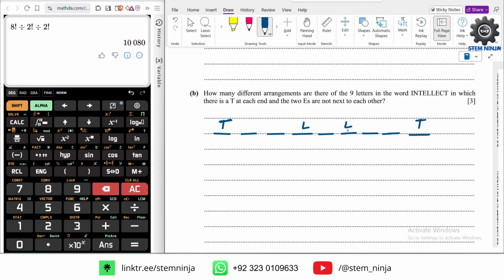So you can first find out how many options there can be minus where the 2 E's are together. So if we do that way, actually there's more than one way of handling it. So if we place E, so for example you have E over here, then it can't be here, right?